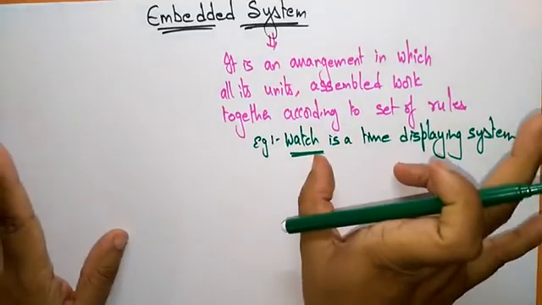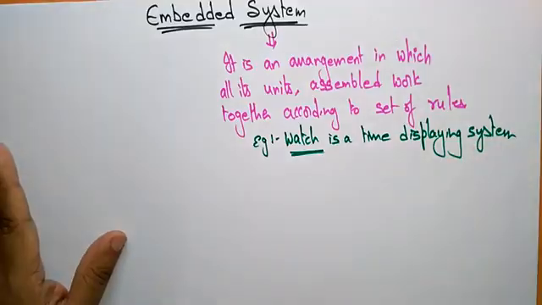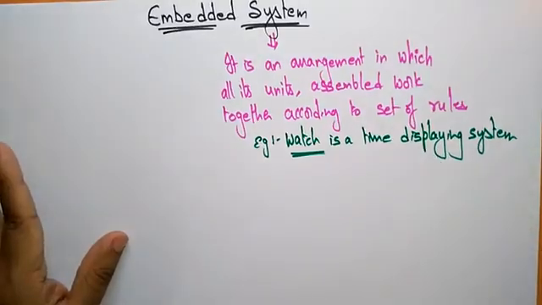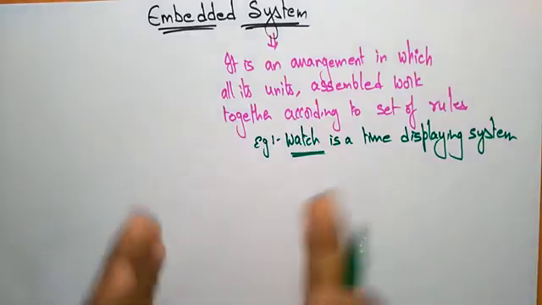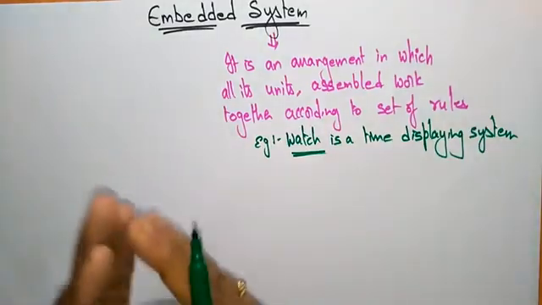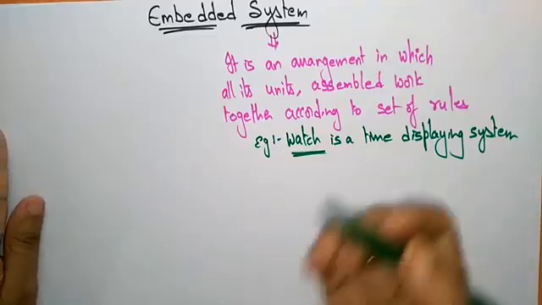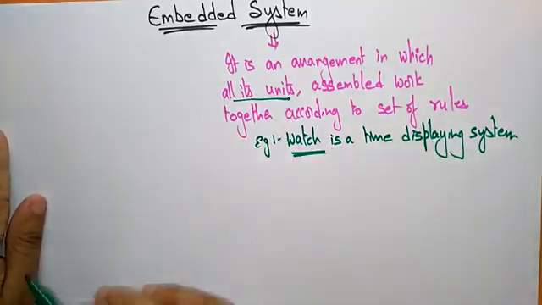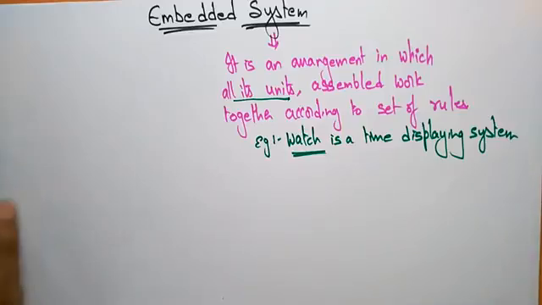Suppose one of its parts fails, any one of the parts present in the watch, then the watch will stop working. Therefore we can say that in a system all its components depend on each other. Whatever units are present, those units depend upon one another.